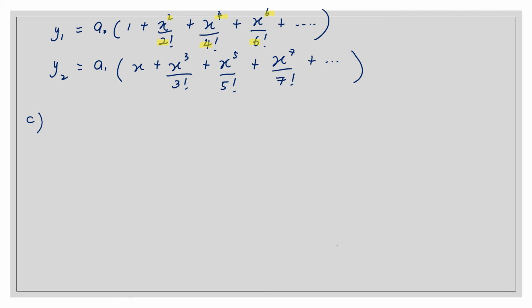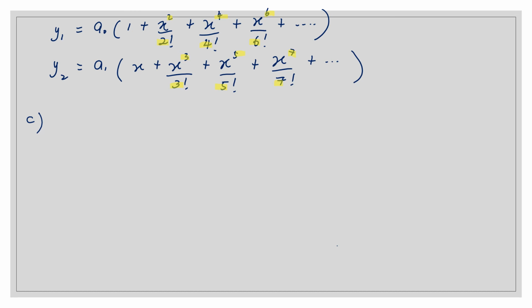On the other hand, y2 only contains the odd powers of x and odd factorials. As we already learned, maybe in calculus or DE, or even in high school, if we have an even power or even function, we can write it as 2n.